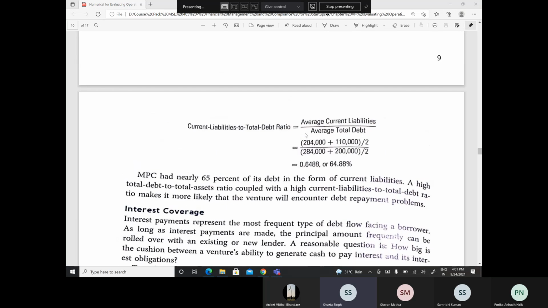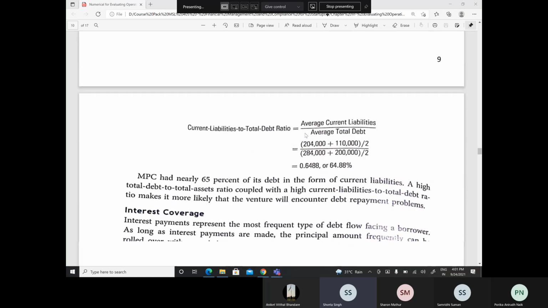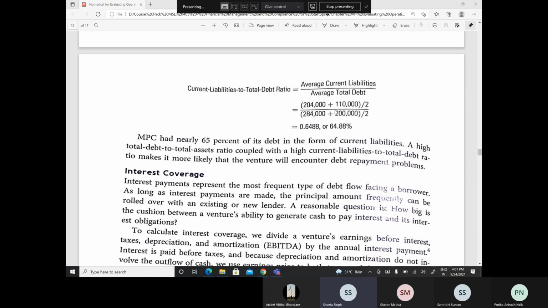Then we have another ratio, which is called the current liabilities to total debt ratio, which is nothing but average current liabilities upon average total debt, which gives 0.6488 or 64.88%. So this basically shows that MPC had nearly 65% of its debt in the form of current liabilities. Now this is very true for any large manufacturing concern.